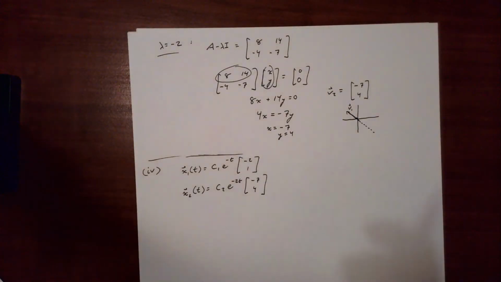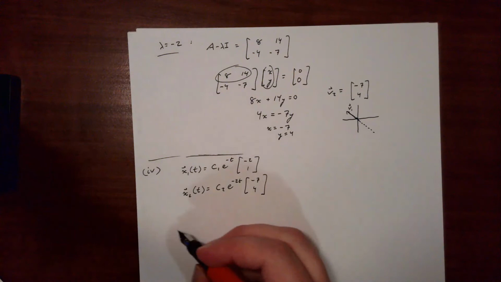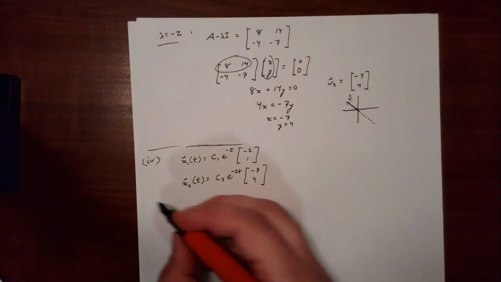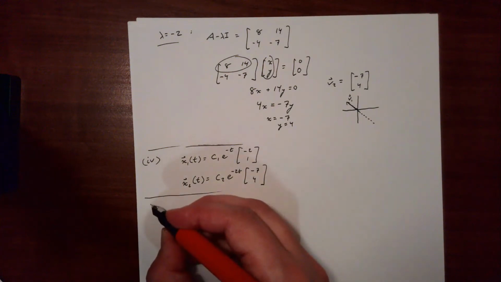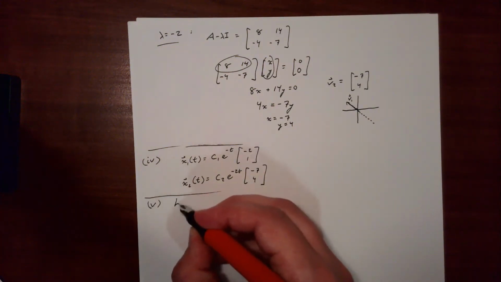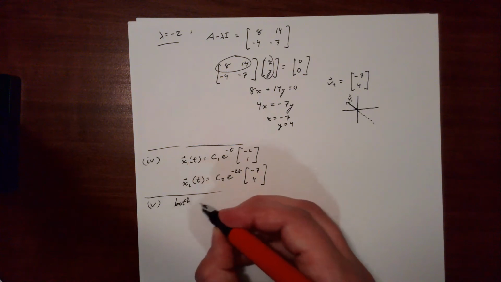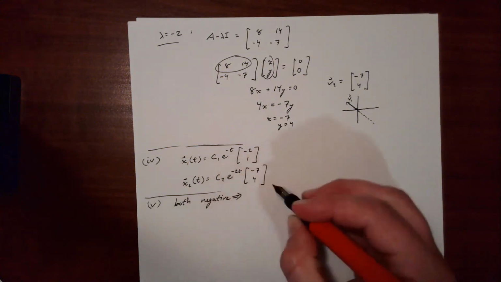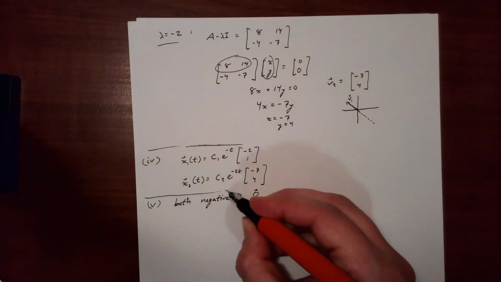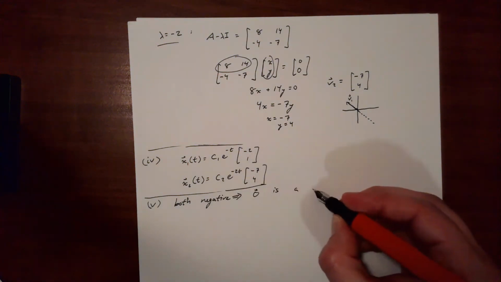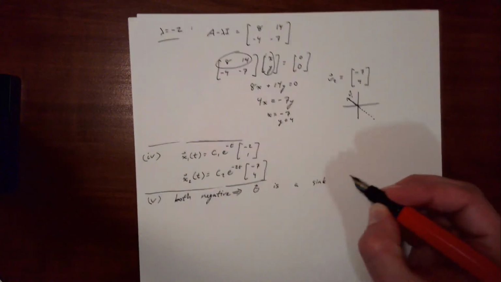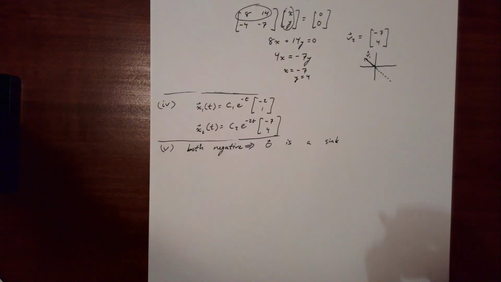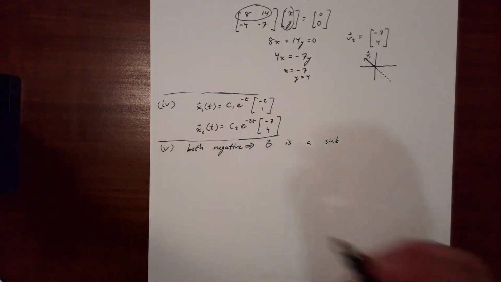All right, and now the nature of the equilibrium. So because both of these eigenvalues are negative, that implies that the origin is a sink. All of the solution curves will be tending into the origin.